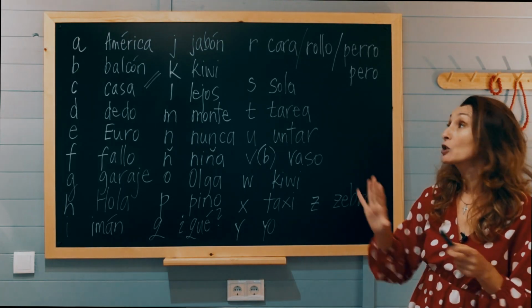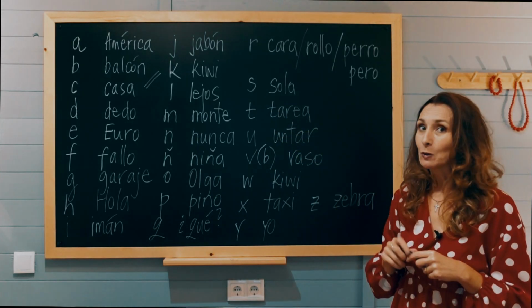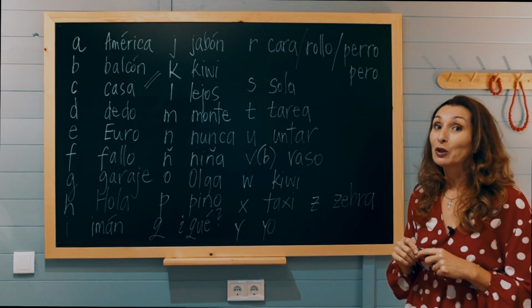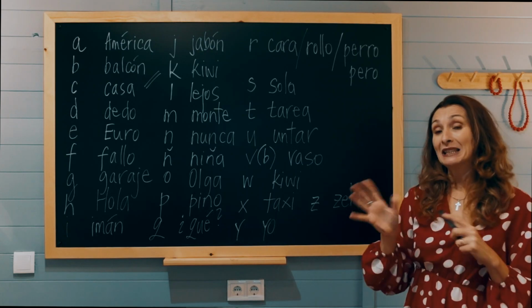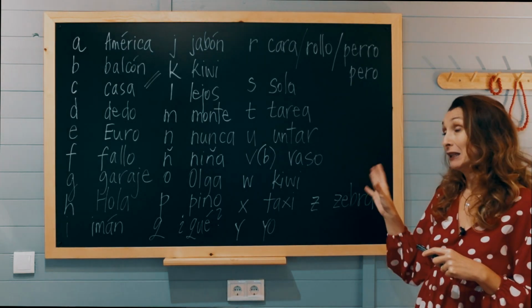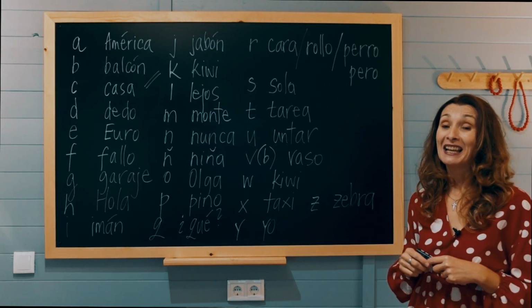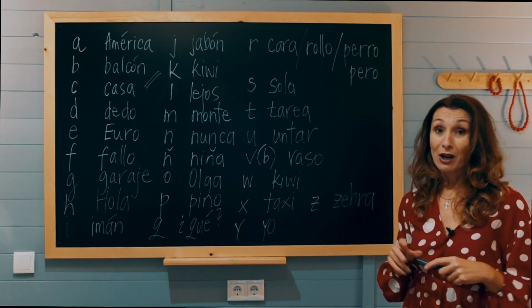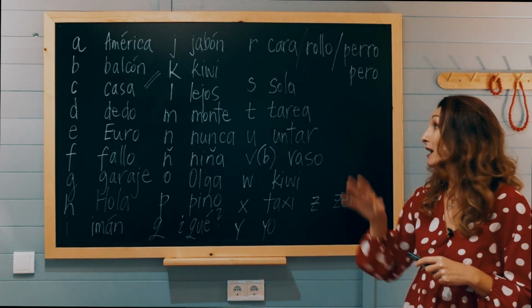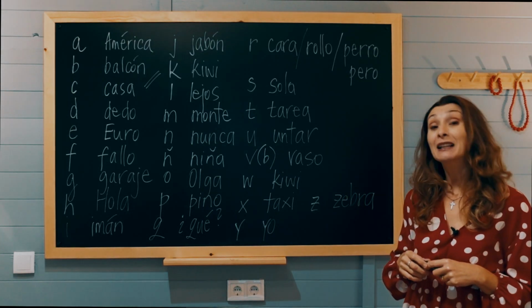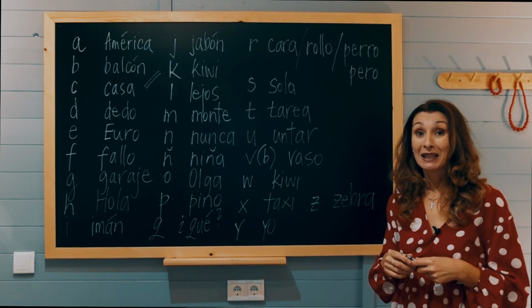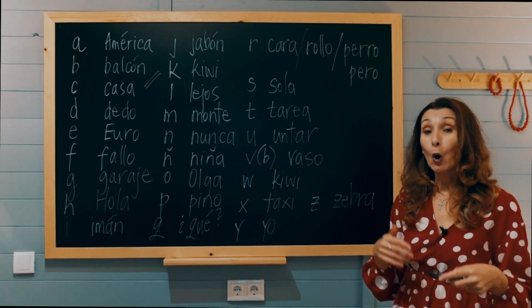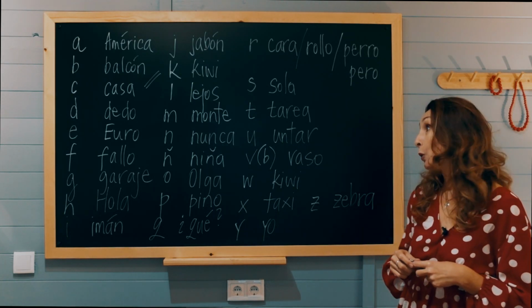Except that in English, with some of them, with the vowels especially, you can pronounce them in different ways, okay? But in Spanish, as you will see in one of the coming lessons, the vowels are always pronounced exactly the same way, okay? A will always be A, E will always be E, I, O, and U, okay?